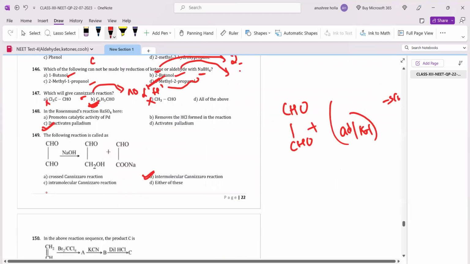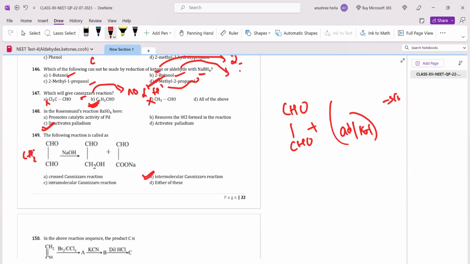And if it has to be intramolecular, intra means inside the molecule, the reaction should happen. So if it should be intramolecular, you should get both the products inside this molecule only. For example, you might get CH2OH and COONa, inside the same molecule. But here I have got the alcohol in one and carboxylate in other.